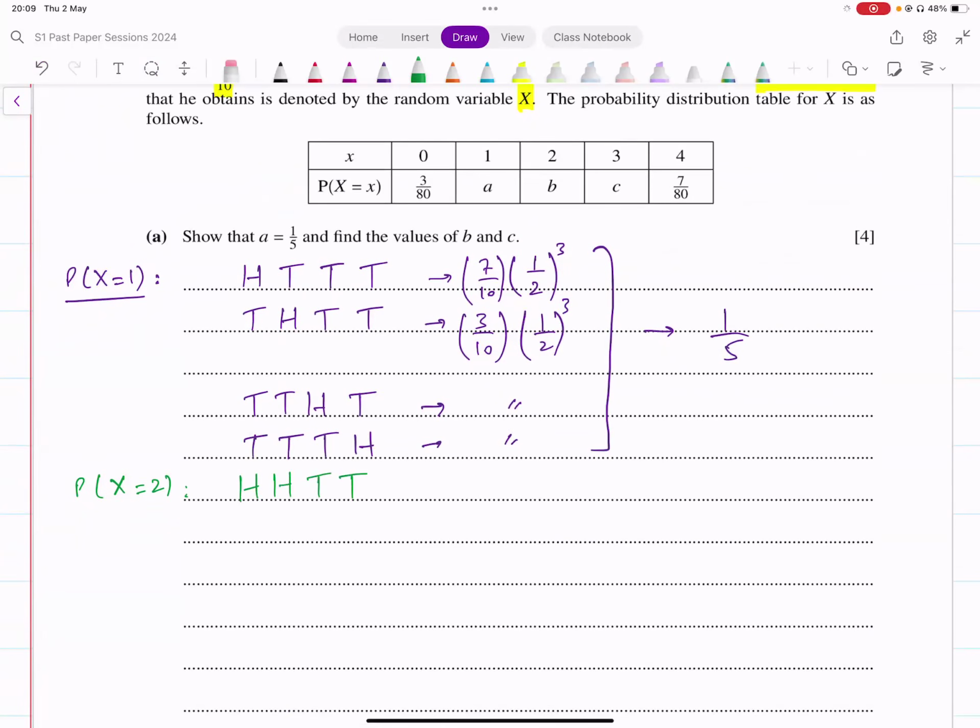Now you can think of how many total possibilities there are going to be for this. If you remember your permutations well, in how many ways can you arrange these 4 letters? 4 factorial over 2 factorial and 2 factorial. There are going to be 6 cases for this one.